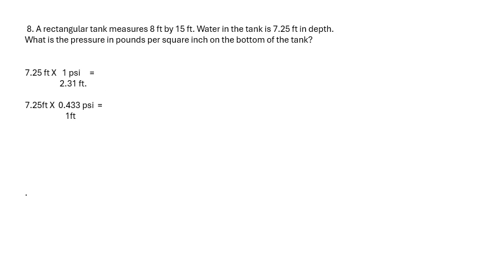Get the feet on the bottom so they cancel out. 7.25 divided by 2.31. 7.25 times the 0.433. Feet cancel out, leaving your PSI. Gives you an answer of 3.138 PSI and 3.139 PSI. They both round to 3.14 PSI.